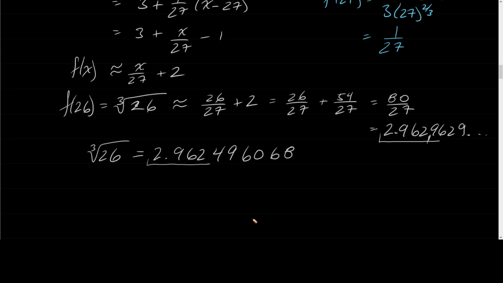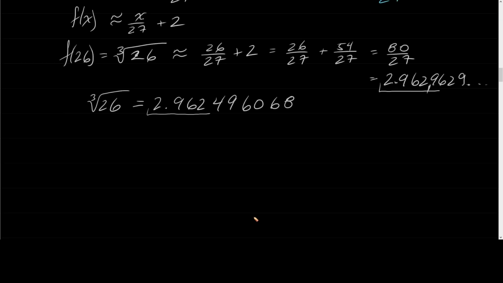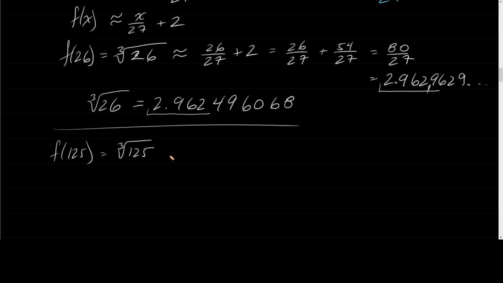But what if you got a bigger value? For example, let's do f of 125. What I'm asking for is the cube root of 125. We would say that this would be approximately x over 27, so 125 over 27 plus 2. So that'll be 125 over 27 plus 54 over 27, giving us 179 over 27.